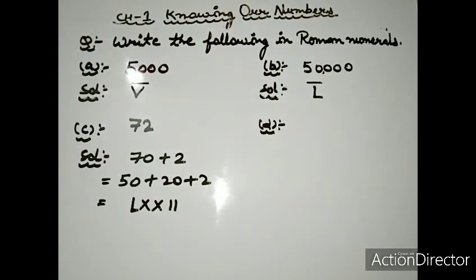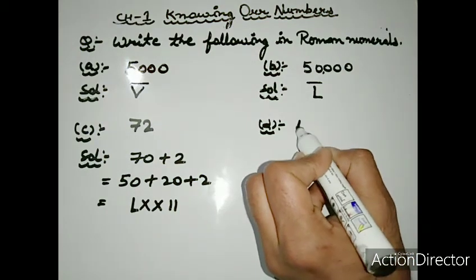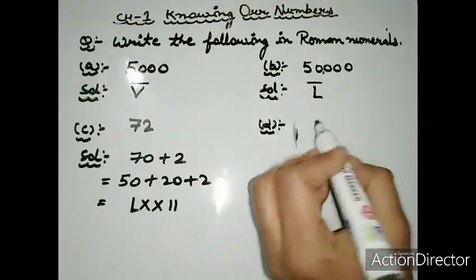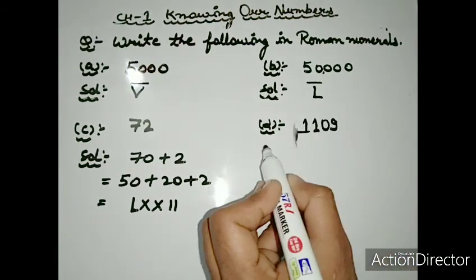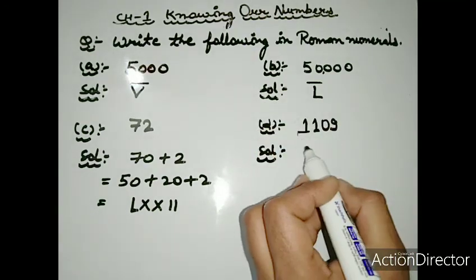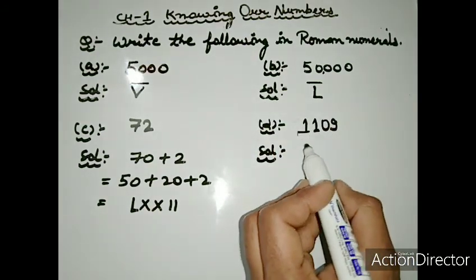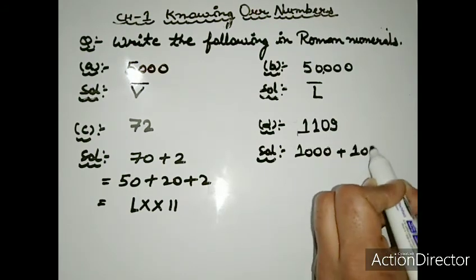Now D part. Here we write 1109. Now here first we separate 1000 plus 109.